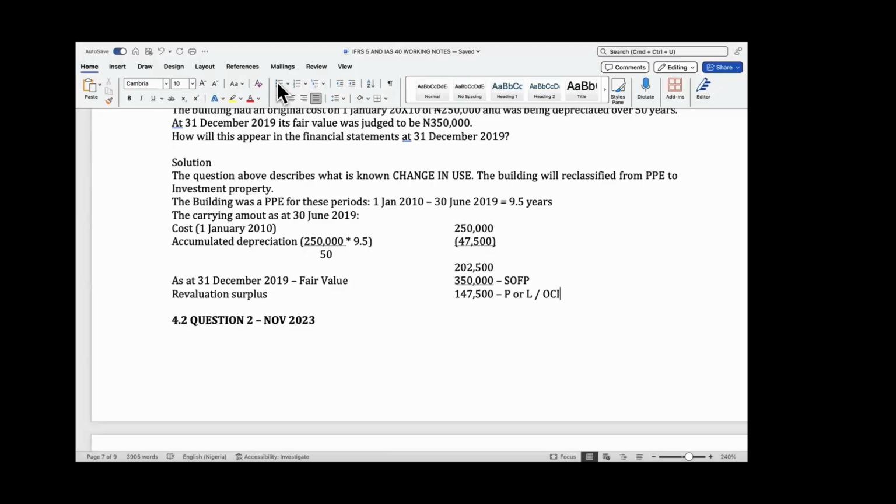It is now investment property, and for investment property, we use fair value model. And under fair value model, any changes in fair value go to P&L. That was his response, and that shows understanding. But it's wrong. Even though his explanation is apt, it's wrong.